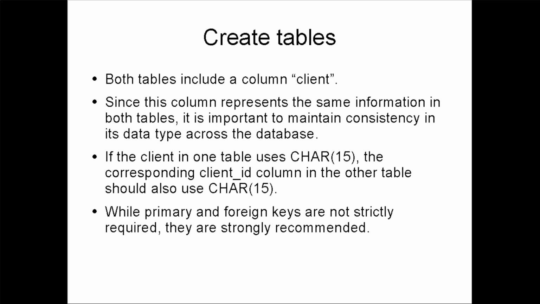For example, if client_ID in the clients table is defined as client_ID, character 15, then the corresponding client column in the orders table should also be client, character 15. This ensures that data can be accurately linked between the two tables. Why the repetition? Next slide has the answer.